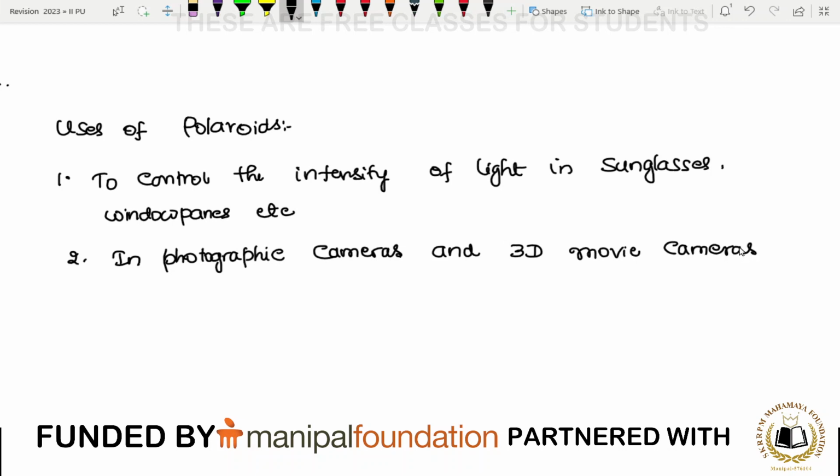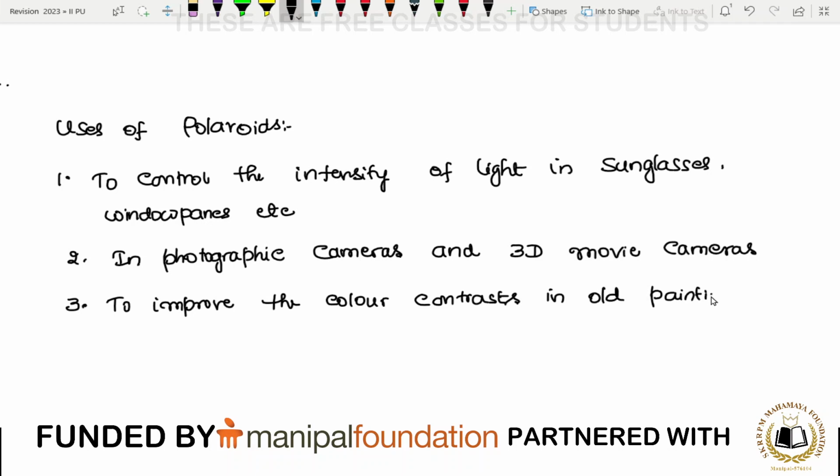Third one, to improve the color contrast in old paintings.